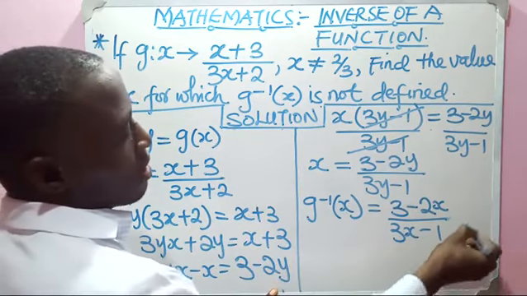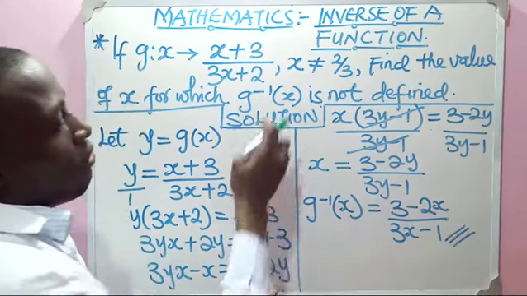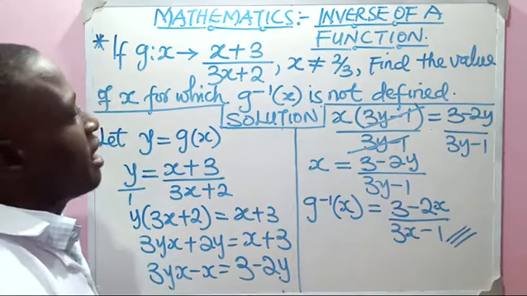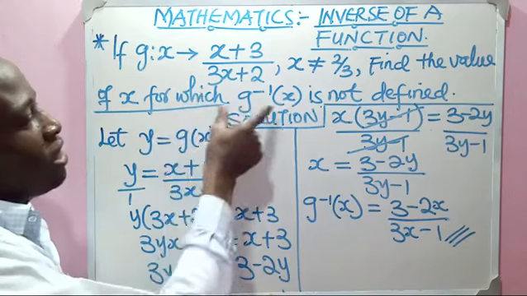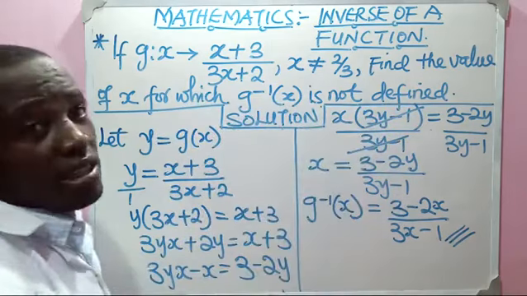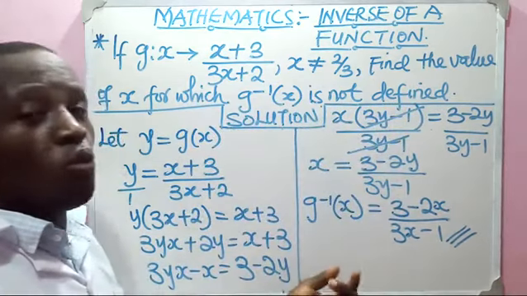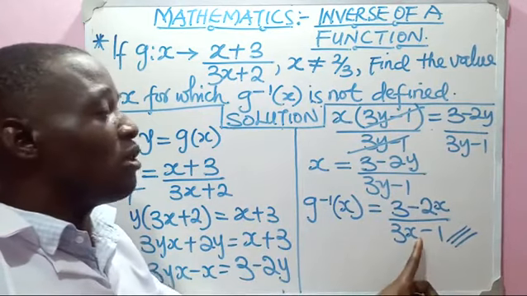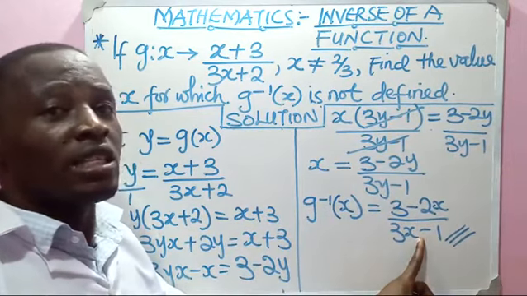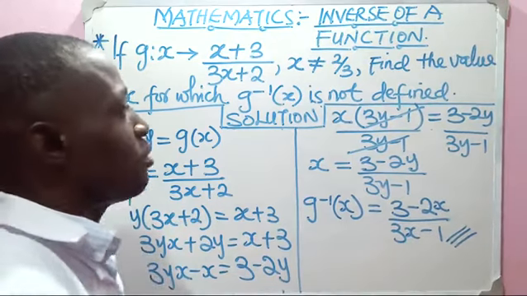Is it clear? I have successfully gotten what? G inverse of x. But they are saying find the value of x for which the g inverse is not defined. Alright, when an expression is not defined, it means the denominator is equated to what? 0.